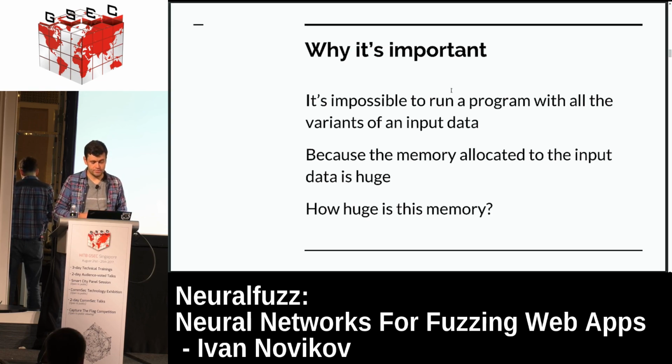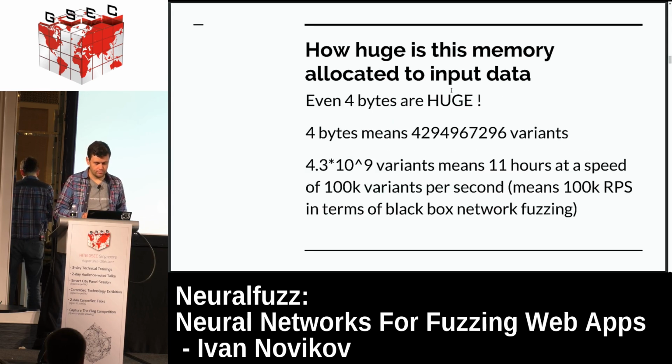But how huge is this memory? Really, even 4 bytes is really huge. 4 bytes means about 4 times 10^9 variants, which means 11 hours at a speed of 100,000 variants per second, meaning 100K RPS in terms of black box fuzzing over a network, which is really huge. It is really rapid to send requests at 100K requests per second.